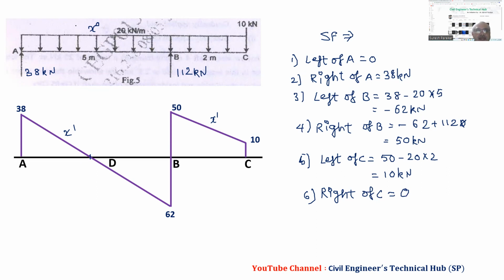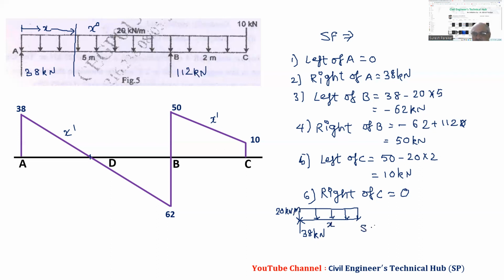Now we have to find point of 0 shear force. We will consider a portion at a distance x from here. So we have 38 kilonewtons, and UDL we have 20 kilonewton per meter. This is x.